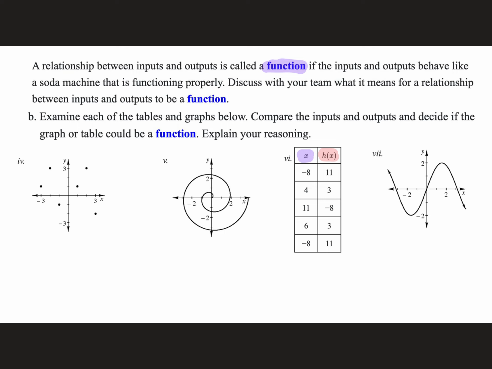So let's take a look at each of these individually here. All right, so for the first one, it is a graph. What I'm looking for here is a place where my input results in 2 completely different outputs. Since my inputs are x values, what I'm looking for is where along that line, and I could do that with a highlighter, maybe make it a little bit easier to see.